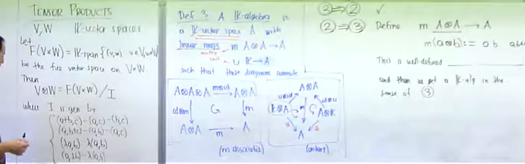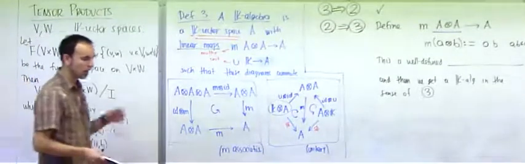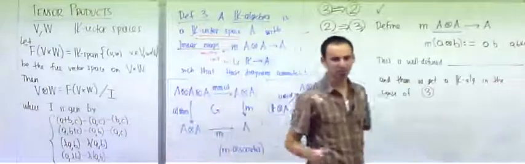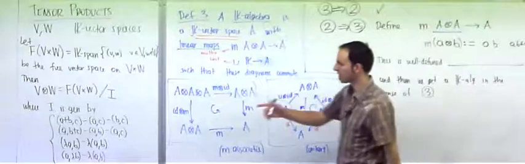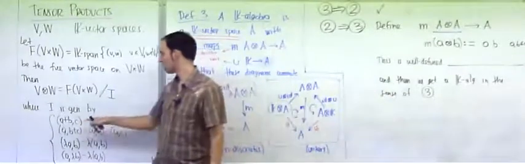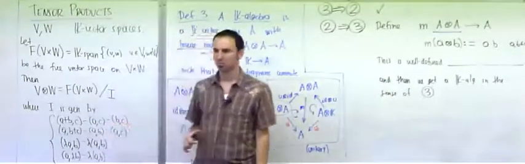Okay? And I wrote this a little bit differently when I first introduced this. But the point is that A plus B tensor C should be equal to A tensor C plus B tensor C. Okay?